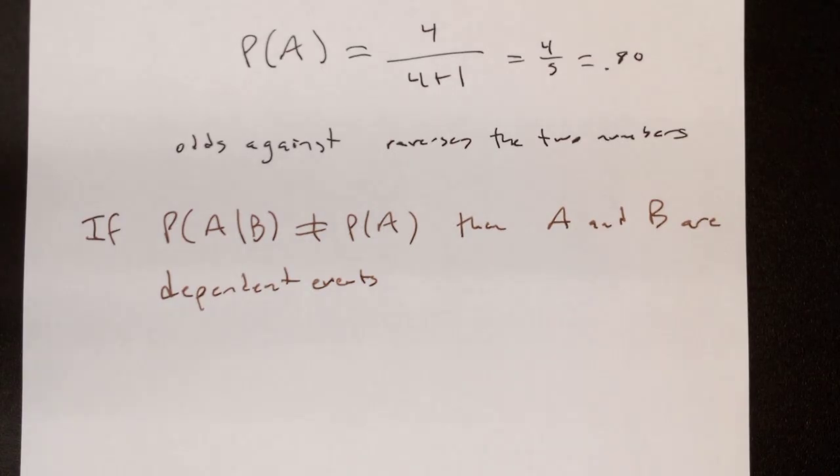This is not cause and effect. Absolutely not cause and effect. I'm not just saying, oh, whenever I have B, I will get A. But knowing B changed what I thought about how likely A was to happen.